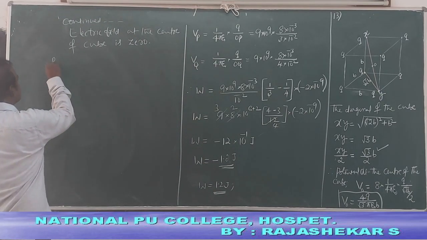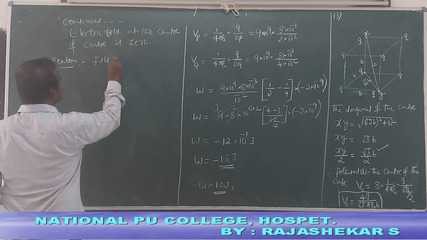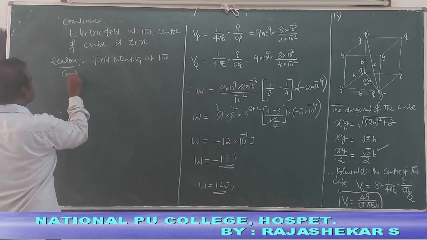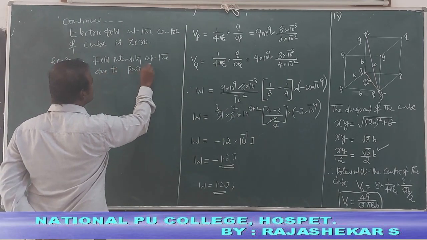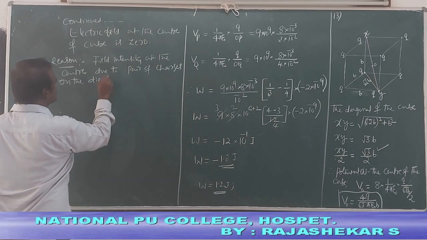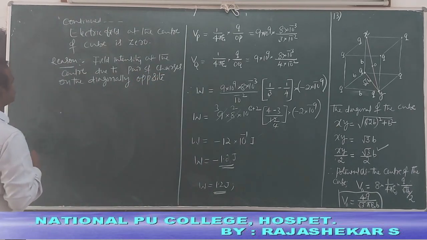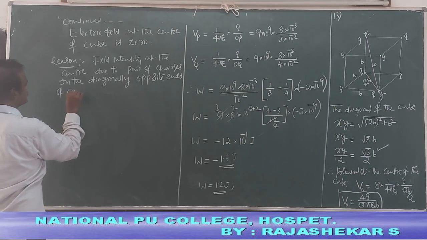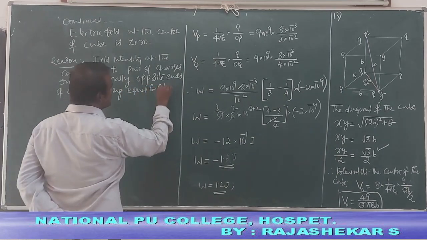Because, reason we write, students, field intensity at the center due to pair of charges on the diagonally opposite ends of the cube is being equal and opposite. Hence cancel out.